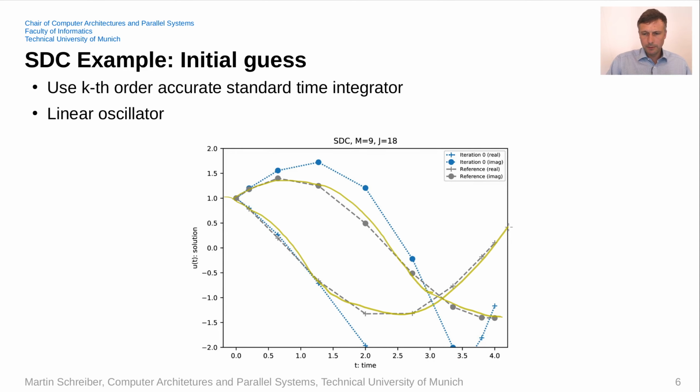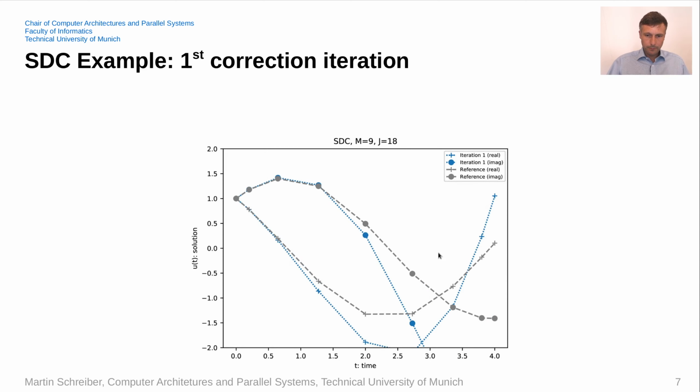And after the first iteration, so the very first SDC iteration, we only get a first order accurate approximation of that. That's not even here anymore on the plot, but that one here would then be a first order accurate approximation of that reference solution. And now, by having these deferred corrections, we can apply another iteration, where we see that after the first correction we end up with that solution.